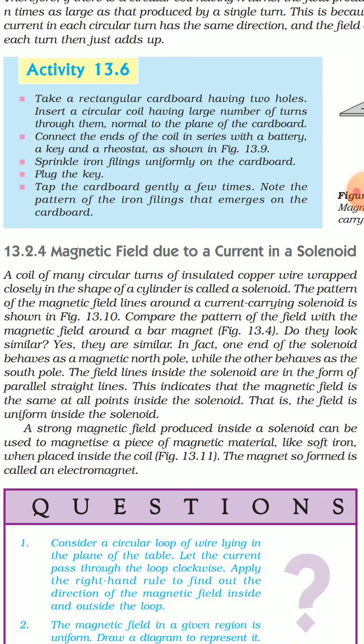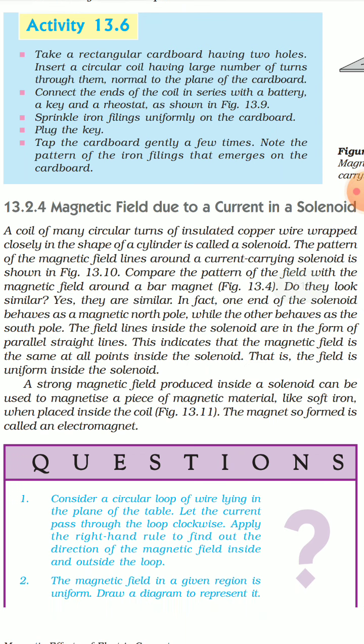Further, these magnets are temporary magnets because their magnetic effect ends when you stop the current in the circuit. Understand the magnetic behavior of the magnetic material: when you stop the current in the circuit, it starts depleting, and after some time it gets totally demagnetized.